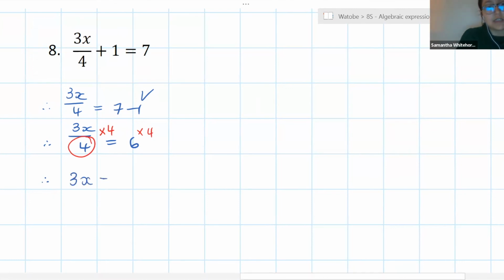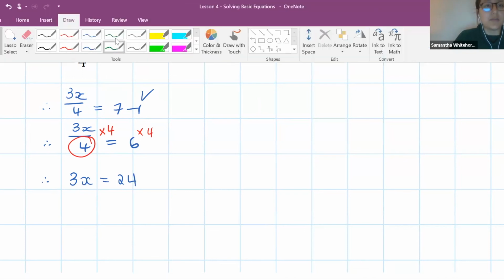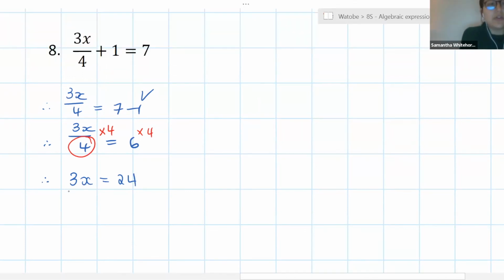So 3x equals 24. And what that does by dealing with the denominator first is it now leaves me with an equation that I'm more comfortable with, because I now know that all I need to do is divide both sides by 3. And so I get my answer of x is equal to positive 8.